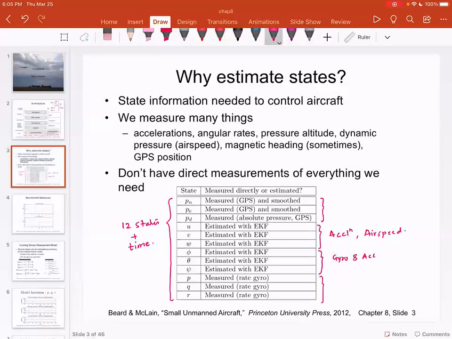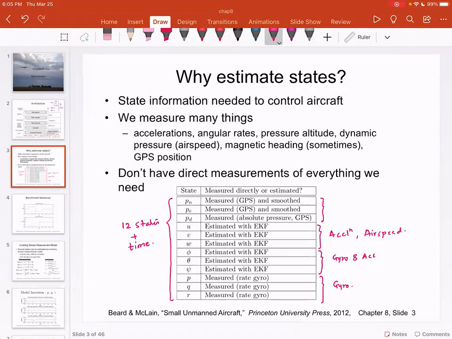And PQR, these are the angular rates, you get that from the gyro. Now, some of these measurements may be directly available. Some may not be available directly. So sometimes we have to combine output of one or two sensors to come up with a consistent, good measurement.